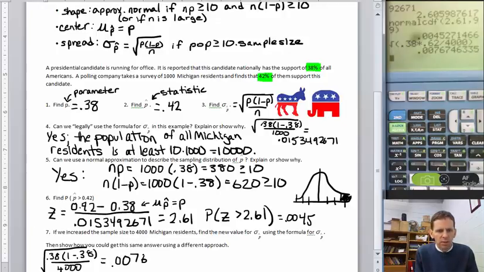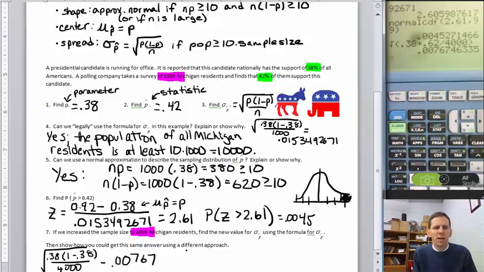Now, once we're done with this, it says describe how you could get the same answer using a different approach. We had mentioned yesterday that if you change the sample size, the standard deviation is going to be affected. In our problem, we originally started with a sample size of 1,000, which you'll see up here. Now our sample size is 4,000. What have we done to our sample size? We've multiplied it by 4.